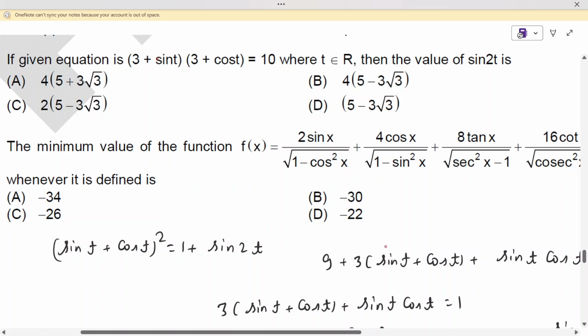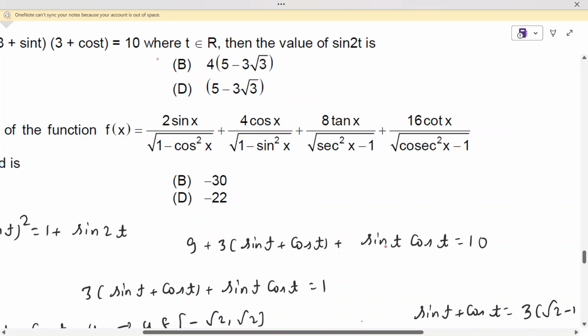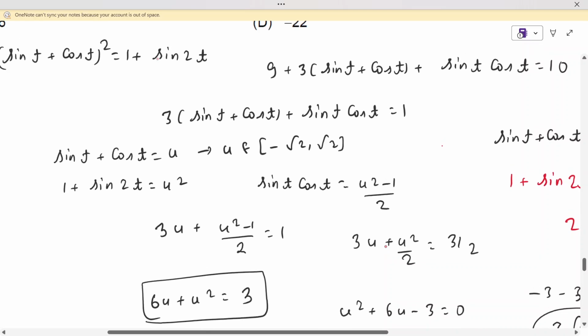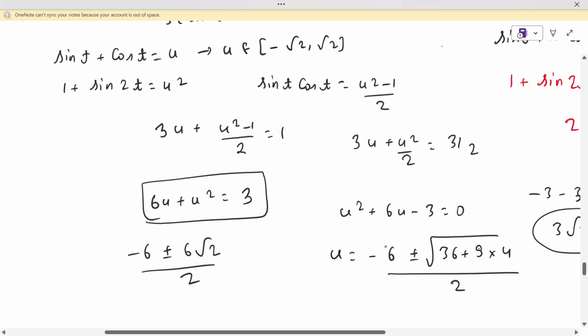Sin 2t is not matching with the options, right? There are 3 root 3 actually. Oh, sorry, actually I've made a mistake there.